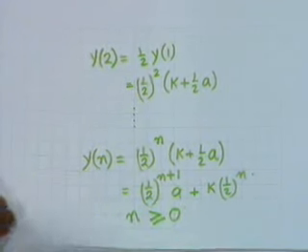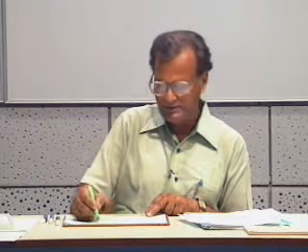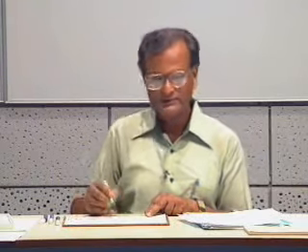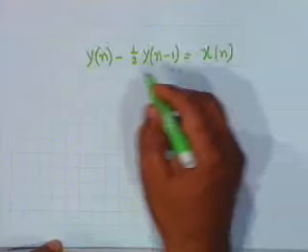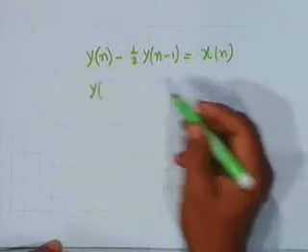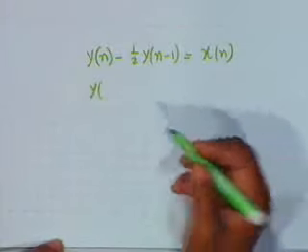Now let's compute for n less than 0. You recall our original equation is y of n minus half y of n minus 1 equals x of n. We want to go backwards, that is, compute y of minus 1, y of minus 2, y of minus 3 and so on. For that, obviously we have to change the form of the equation.